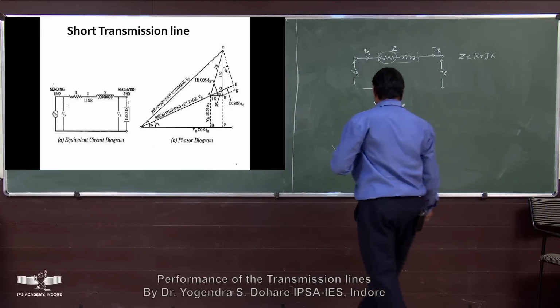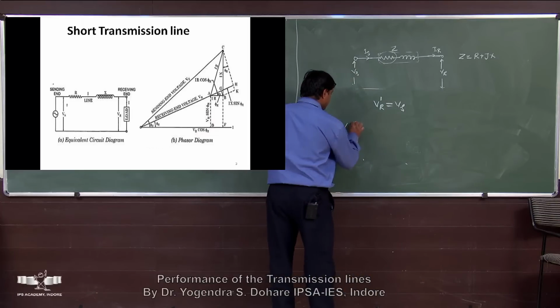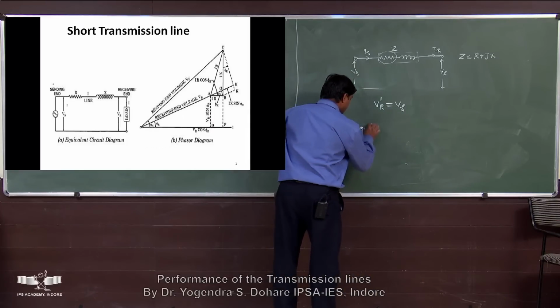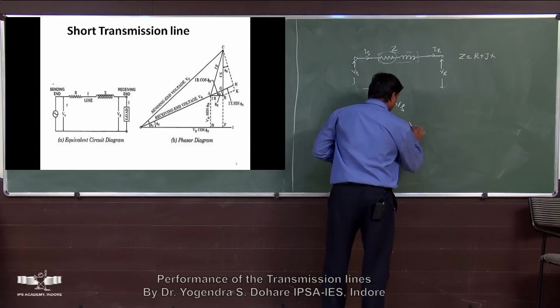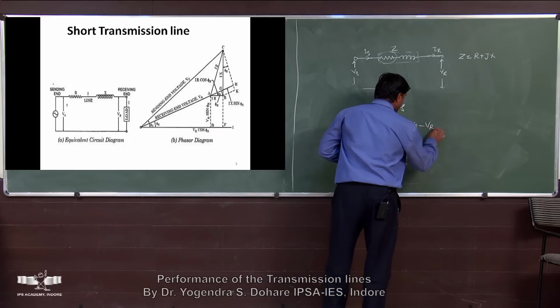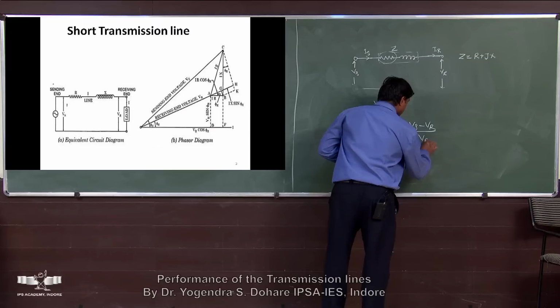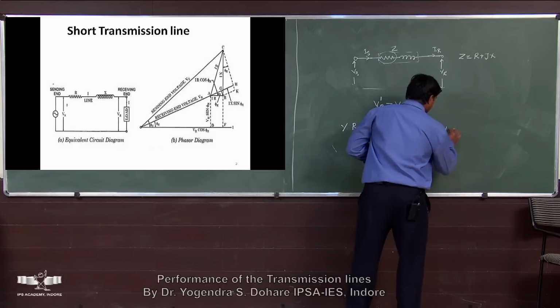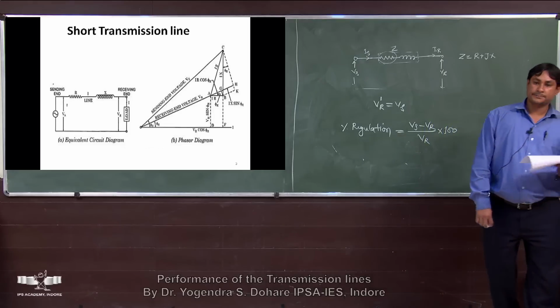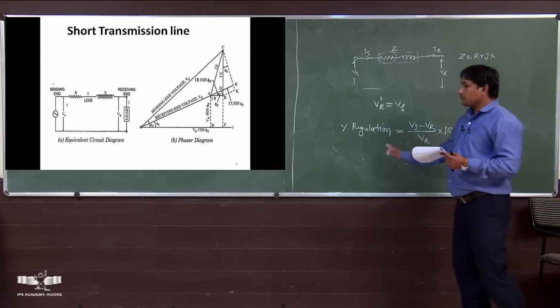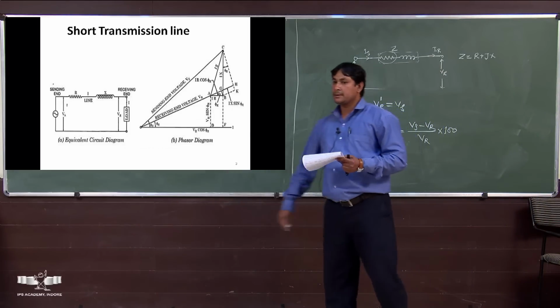So the regulation of the short transmission line is Vs minus Vr upon Vr into 100. This is the voltage regulation of the short transmission line.